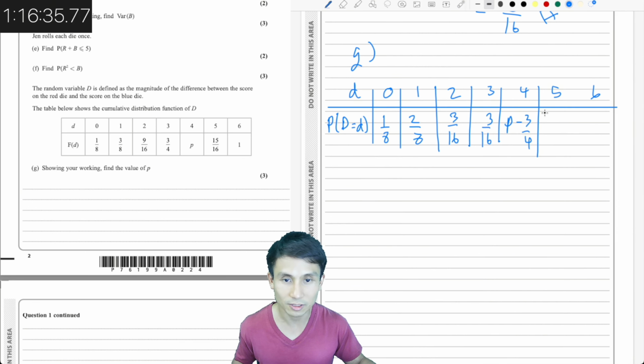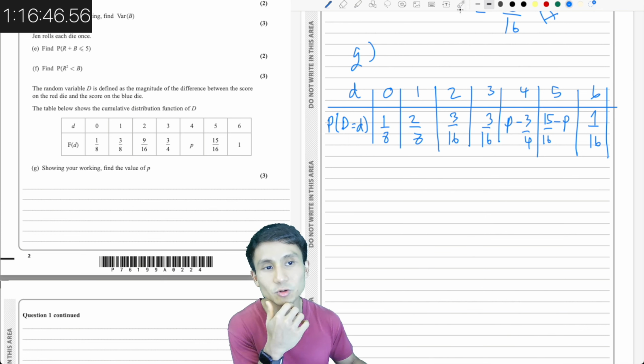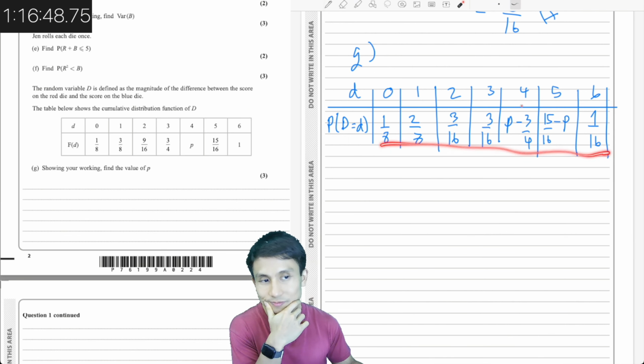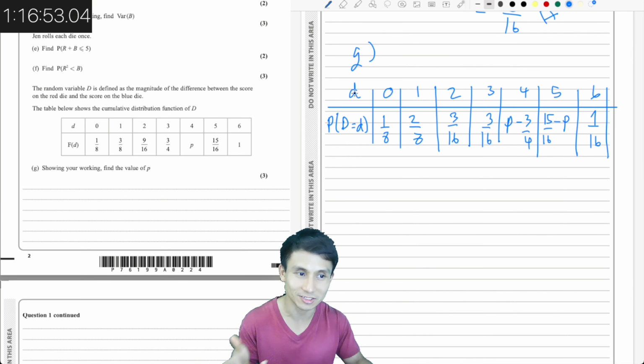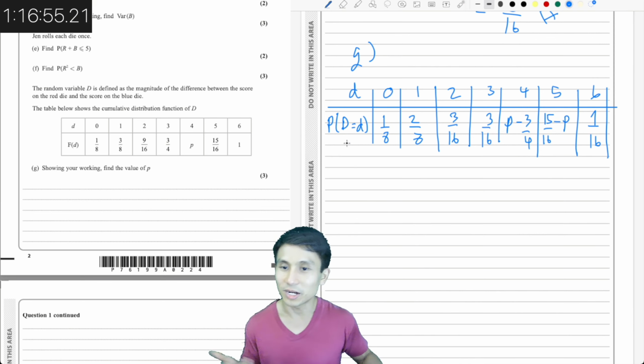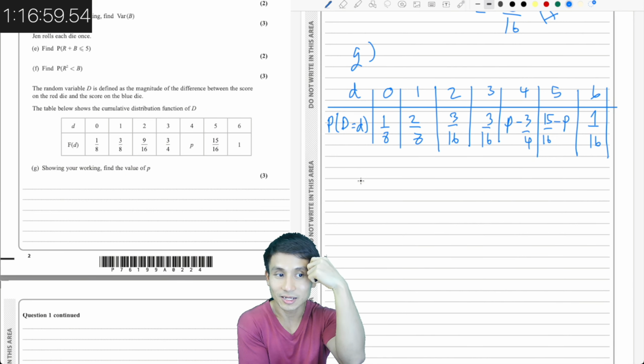This one must be 15 over 16 minus P. And of course, this one is 1 over 16 if you do 1 minus that. Now if you add these all up, you would get 1 because the P will cancel. So that's why I got stuck, because it wouldn't help. But I put it like this anyway.